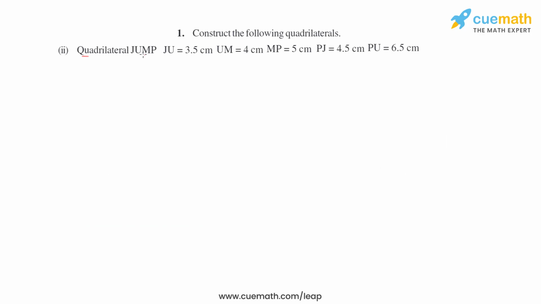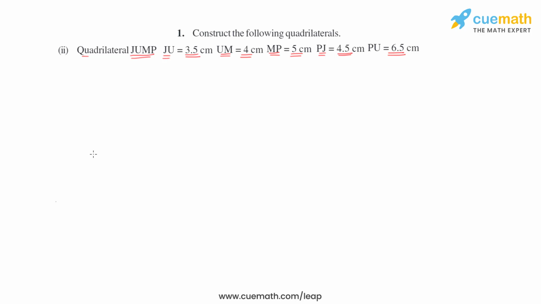Second part, quadrilateral JUMP. JU is 3.5 centimeters, UM is 4 centimeters, MP is 5 centimeters, PJ is 4.5 centimeters, PU is 6.5 centimeters. So we'll follow the same steps, and first we'll check if both the triangles are possible or not, as we did in the first part, and then we construct the triangles.